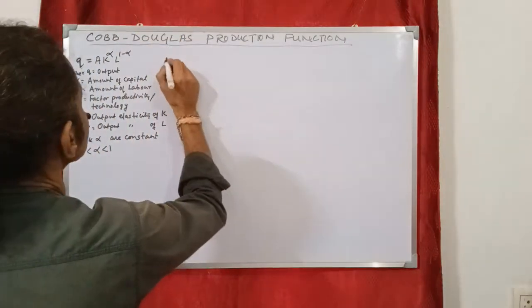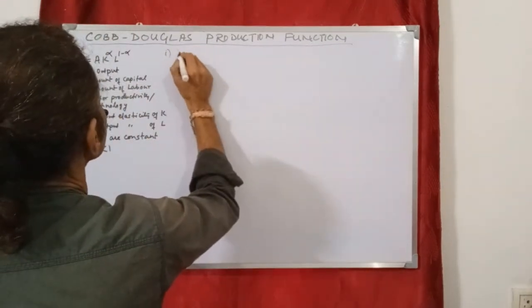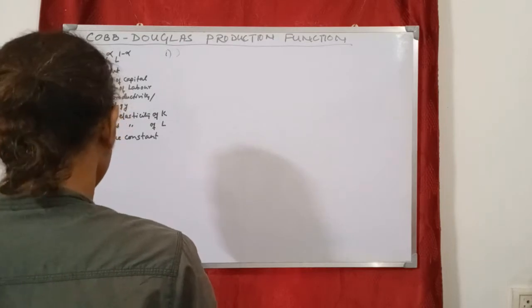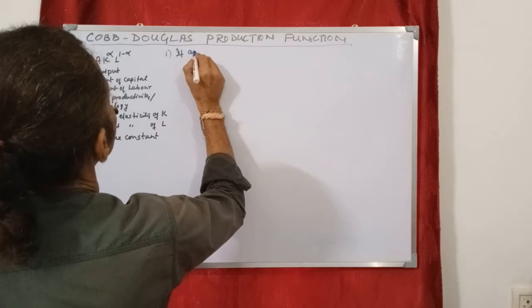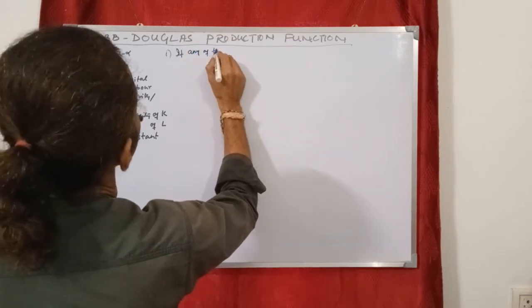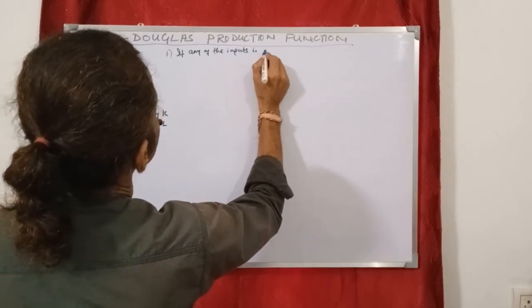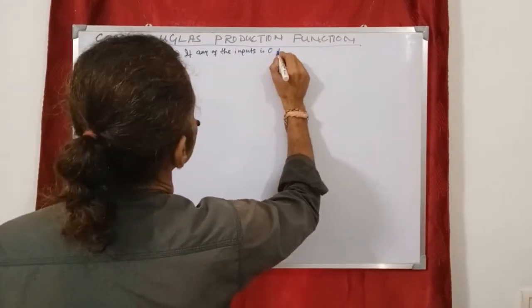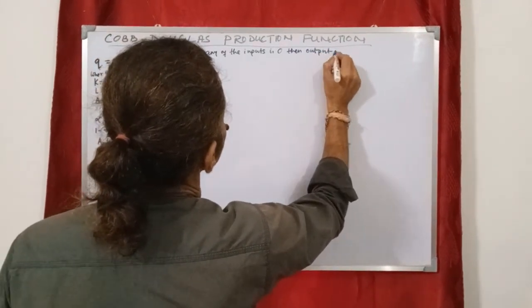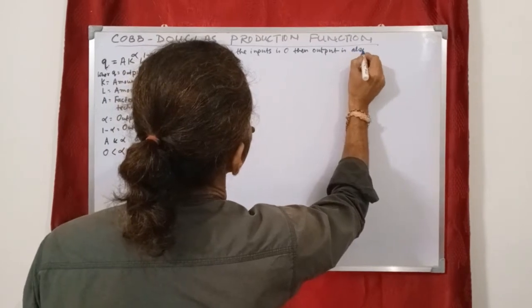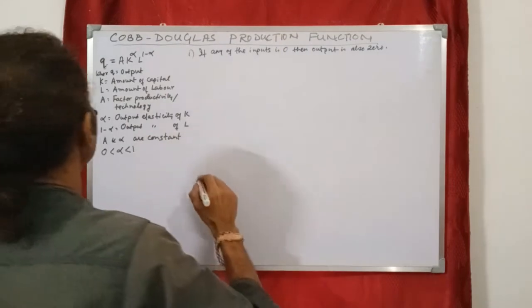Number one, if any of the inputs is 0, then output is also 0. Let us see how it happens.